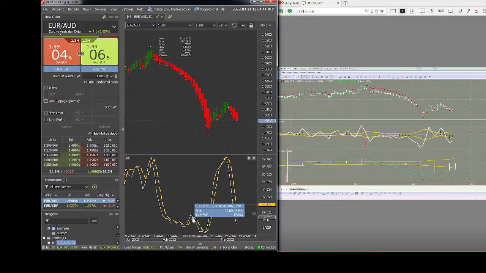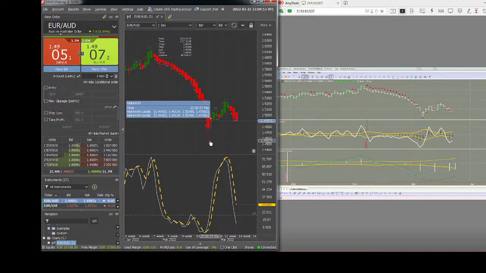Tried to get into a buy there, but didn't. There was no green really to want to buy it. And you can see it got through it but fell down again and made another new low with that point right there.